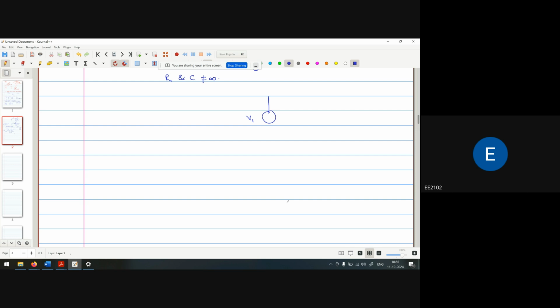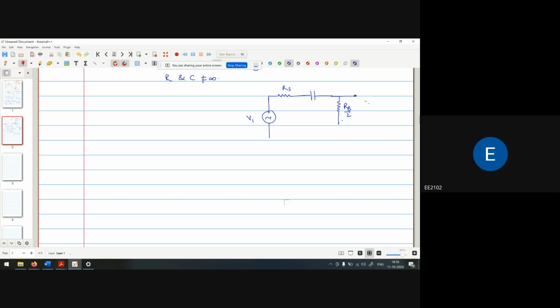This is Vi, Rs, a capacitor, and a resistance Rb by 2, and here we are getting VDD.